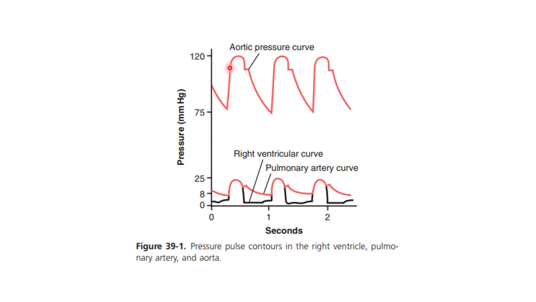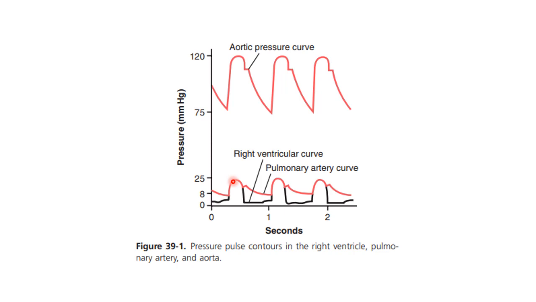But take a look. At the aorta, the pressure reading during left ventricular contraction will be at 120 mercury millimeters. Contrast that to the pulmonary artery, another artery.